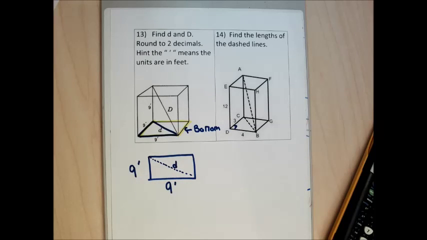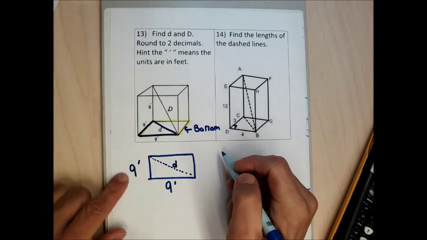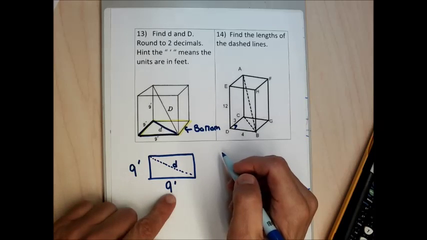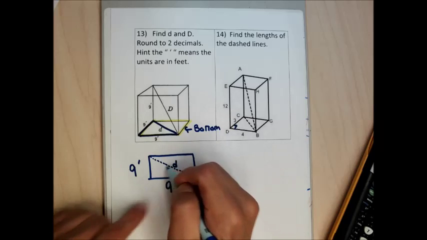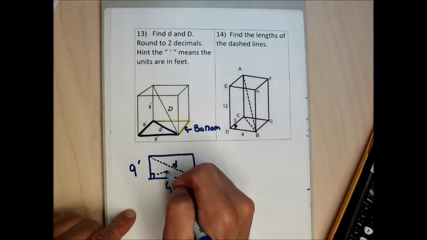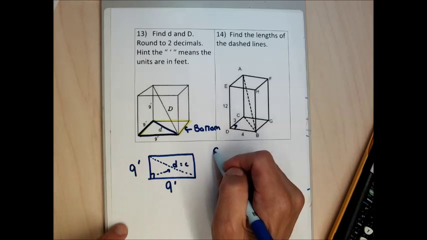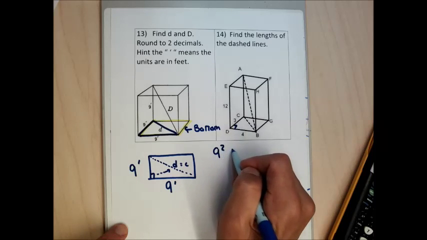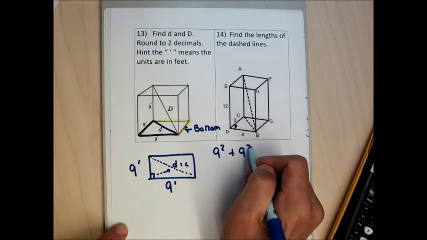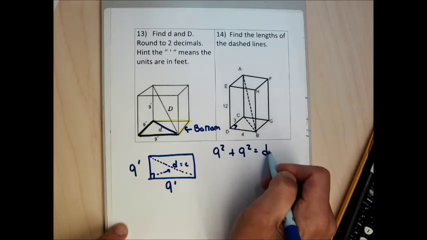To find little d, I'm going to go a squared, which I'm going to call 9 squared, plus b squared, which I'm going to call 9 squared. This d is a c because it's opposite the right angle. These are interchangeable for a and b. So I'm going to go 9 squared plus 9 squared equals little d squared.